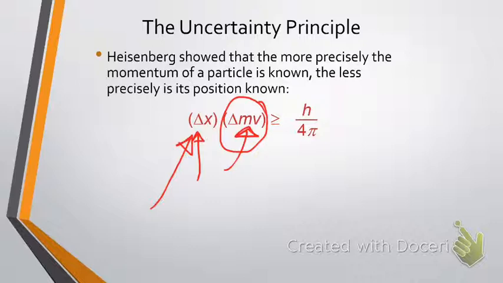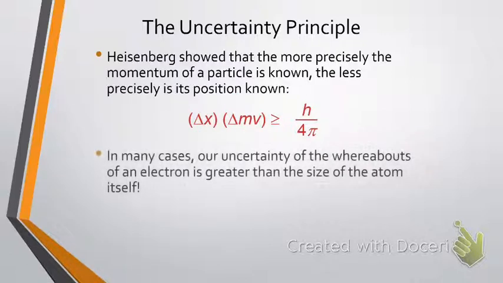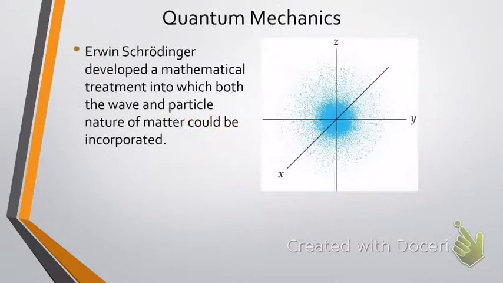So we just cannot know its exact location because of this limitation. It's called the Heisenberg uncertainty principle. So in most cases, the whereabouts of the electron is greater than the actual size of the atom, since it's such a small mass and it travels so quickly.